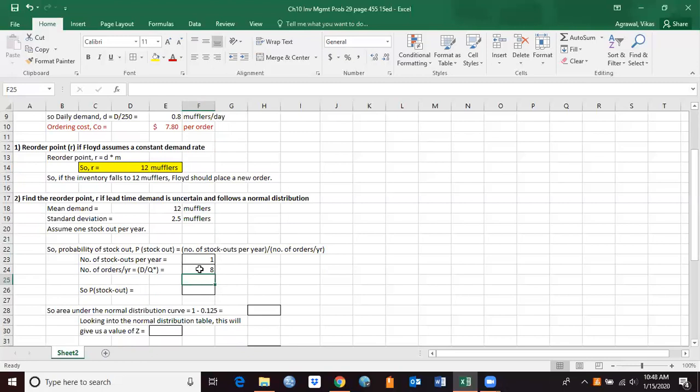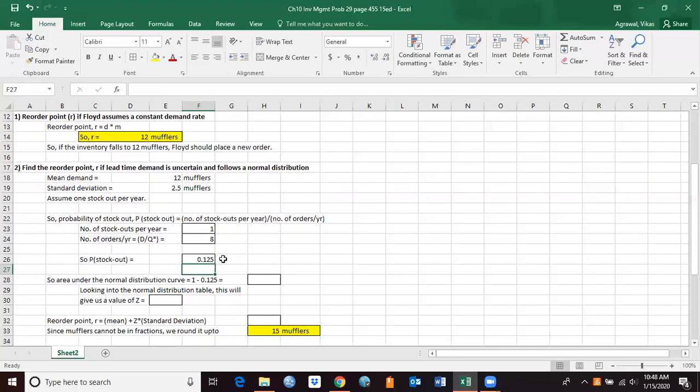So out of the 8 orders you're going to place in a year, you can expect 1 to face a stock out. So the probability of stock out equals 1/8, which gives you 0.125. That means there is a 12.5% chance that you'll face a stock out. That's how you interpret this.